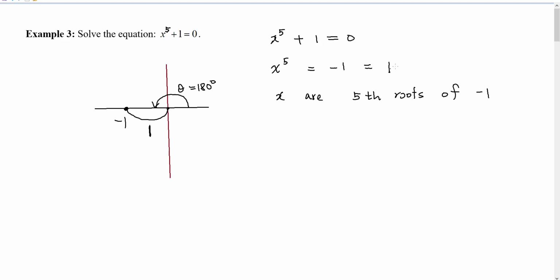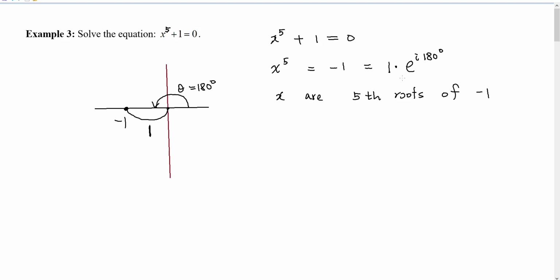So this can be written as 1 times e to the i 180 degrees in polar form. Of course, I don't have to write the 1, but I'm going to write it because I have to get a fifth root of that.